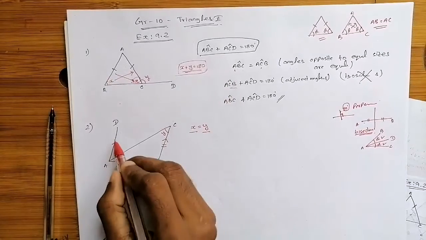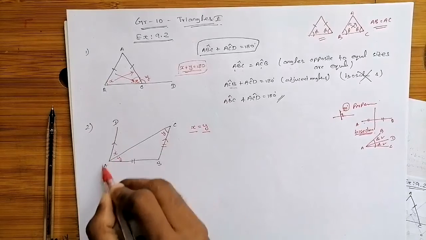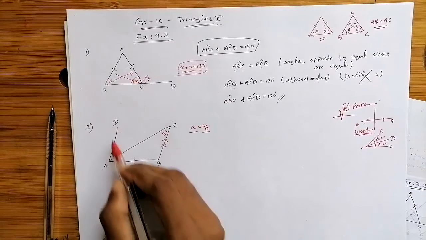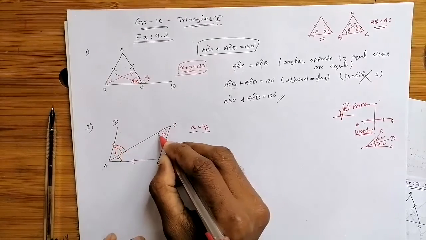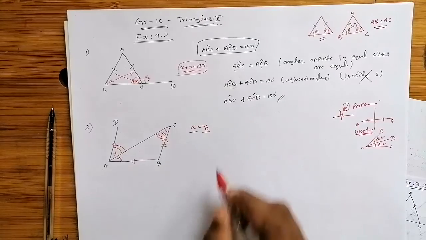So we have a Z shape here, DACB, Z shape. If you got the Z shape, if you consider this angle and this angle, what do we call those angles in a Z shape?